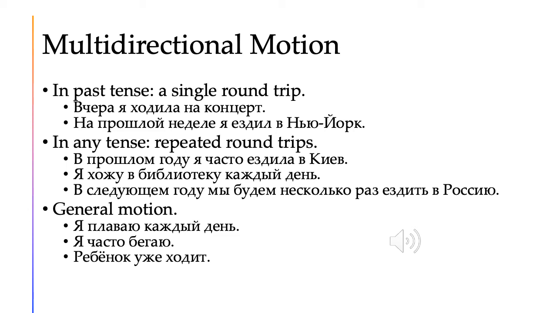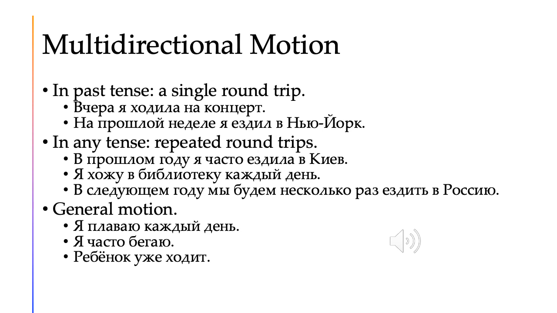So we use a multidirectional verb of motion. «Я плаваю каждый день». Or «Я часто бегаю». I run frequently. I go running often. Again, there's no goal whatsoever mentioned. You're just engaging in the motion in order to engage in the motion. Therefore, we use бегать, a multidirectional verb of motion.